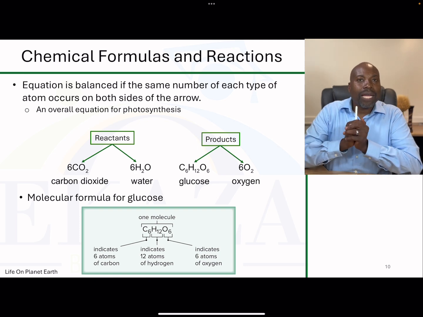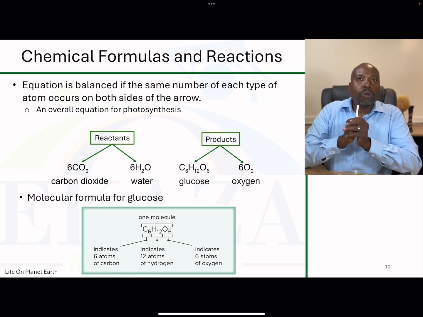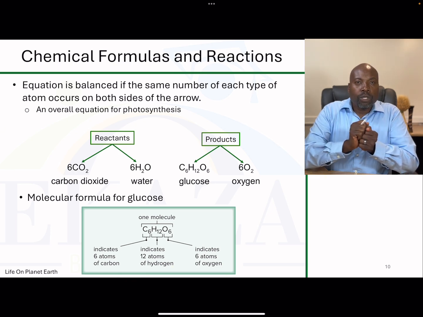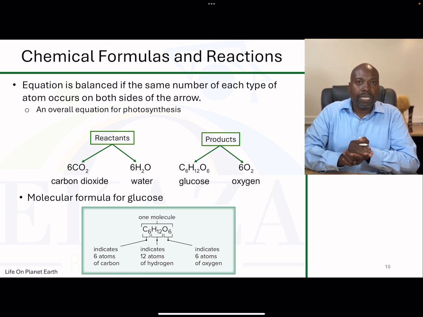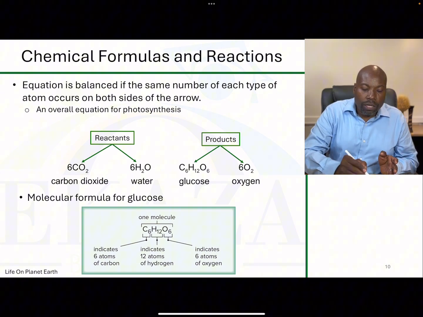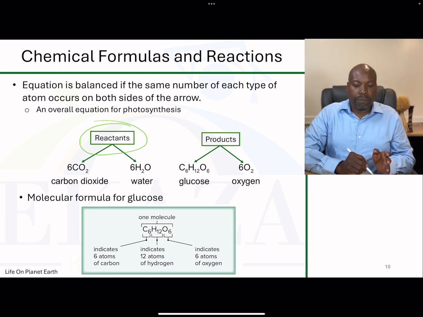Looking at the chemical reactions, two different chemicals are going to come together to form something, right? The two chemicals that come together are called reactants, okay?